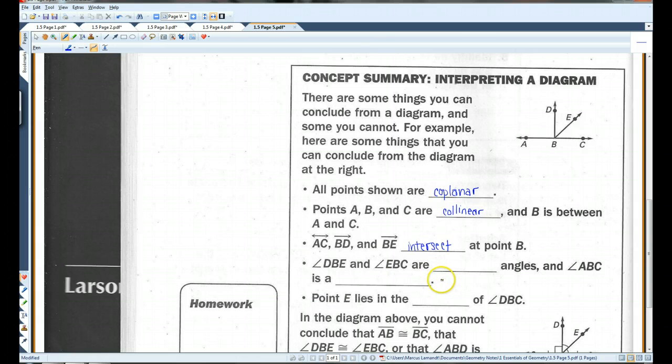Angle DBE and angle EBC, these two, are adjacent angles. Remember, adjacent means attached. They share a side. And angle ABC, that's this angle here, is a straight angle.